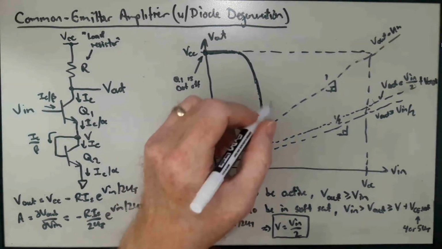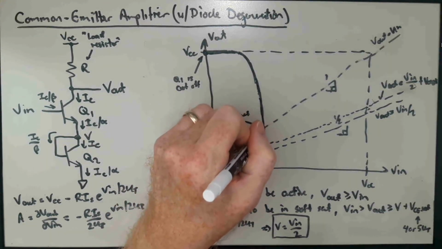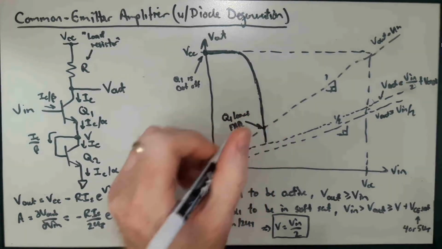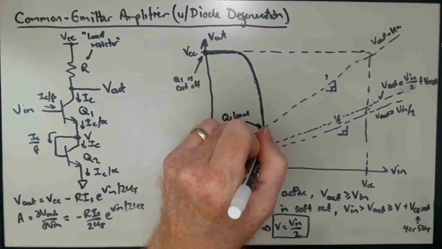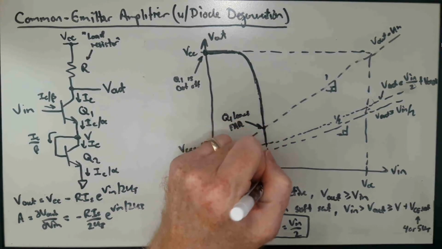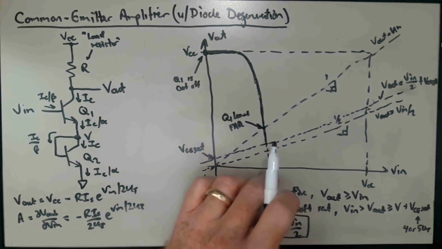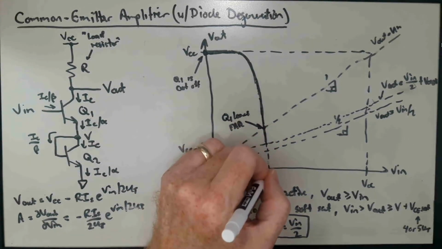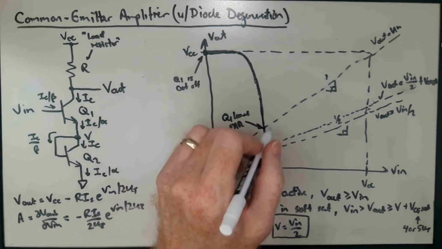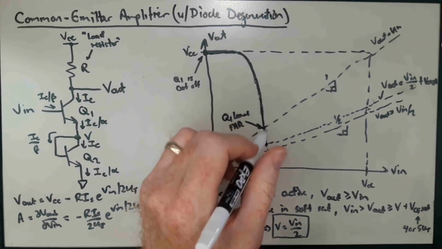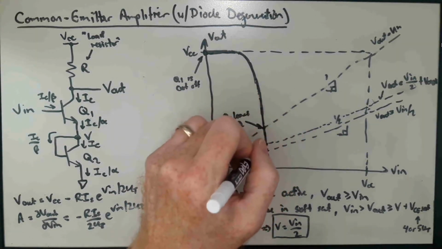So now when this model comes down here, it continues to go down. That's the prediction from the model, right? This is where Q1 leaves soft saturation.